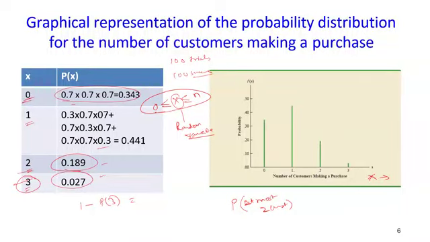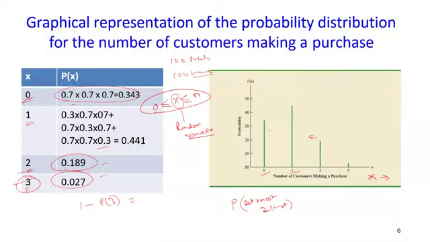If I have this kind of distribution, I can calculate any kind of probability: exactly 0, exactly 1, at least 1, at least 2, at least 3, whatever. So it is easier to calculate the probability of any scenario.